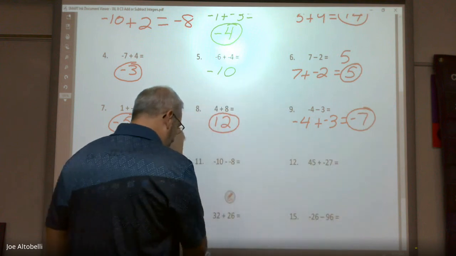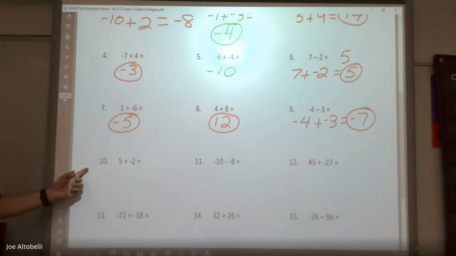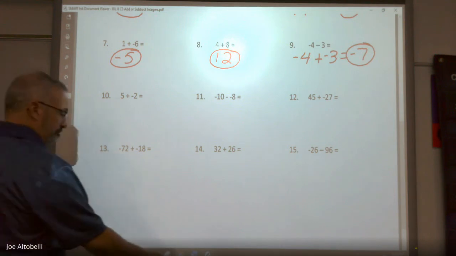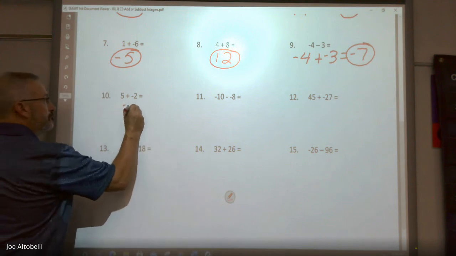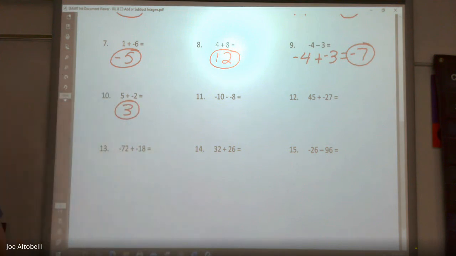You should get a -7, -4 plus a -3. Signs are the same, so you add them and keep it negative. Number 10. Number 11.